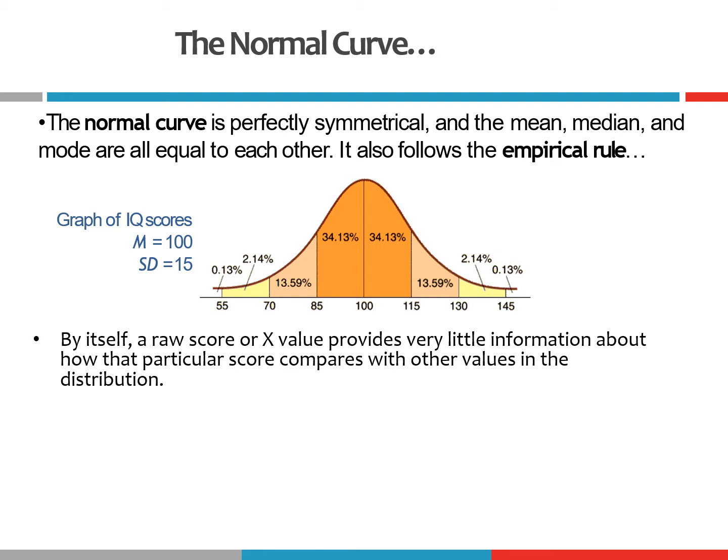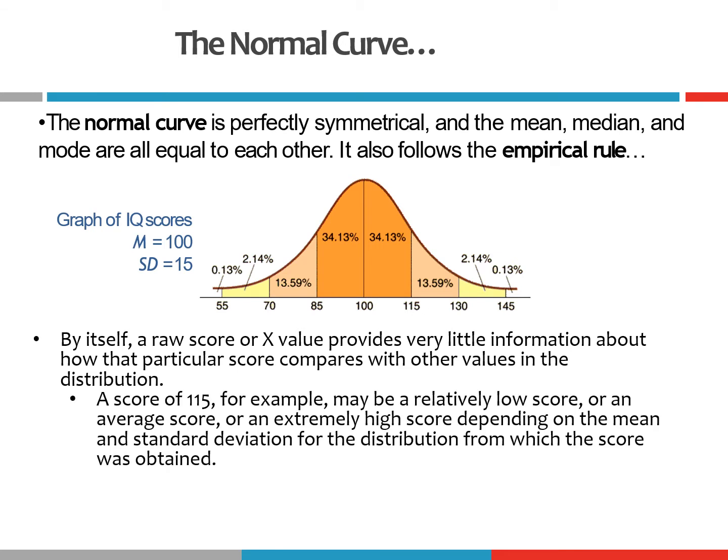remember, any single observation is denoted by an X. If I were to take any random score from this distribution, or any value of X, that value is going to provide very little information about how that particular score compares with other values in the distribution.